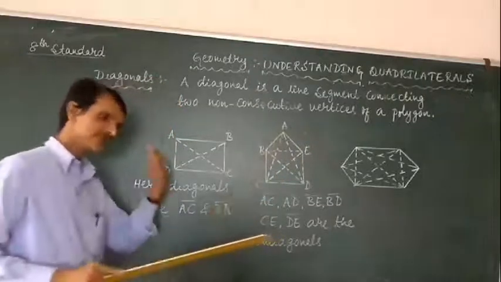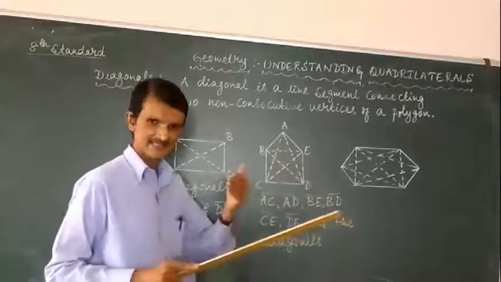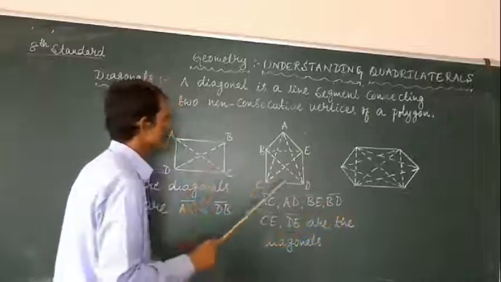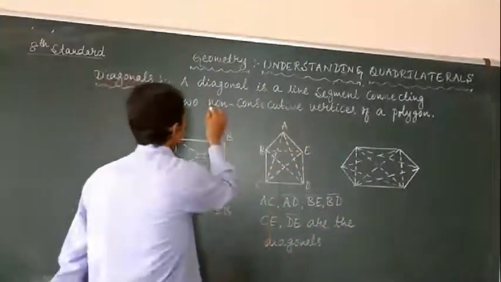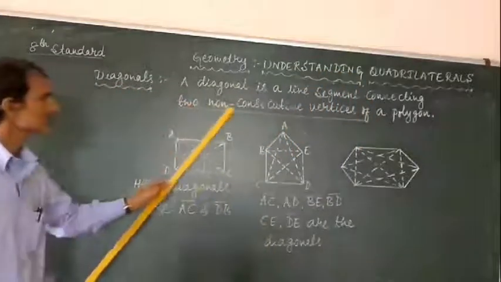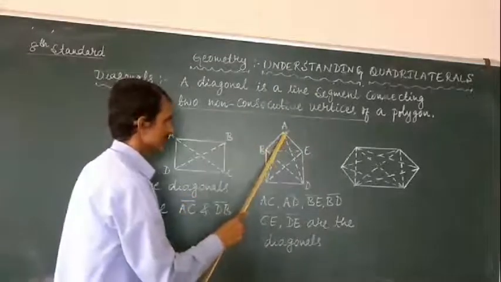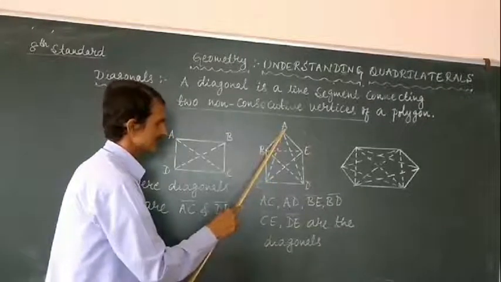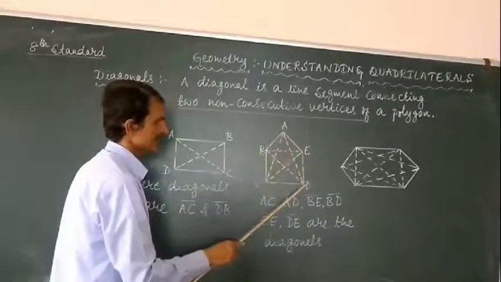Whereas coming to the diagonals, a diagonal is a line segment which connects the non-consecutive vertices. This point is to be remembered. Observe in this figure, A connected to C, AC, A connected to D, AD.